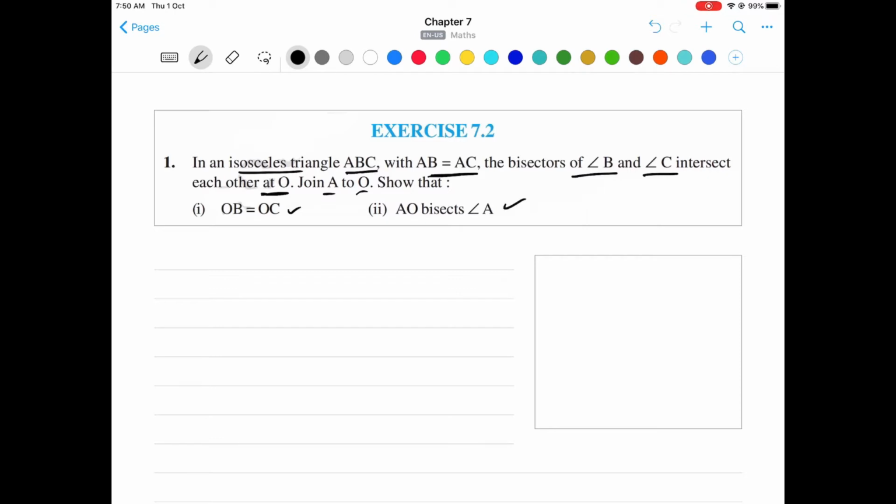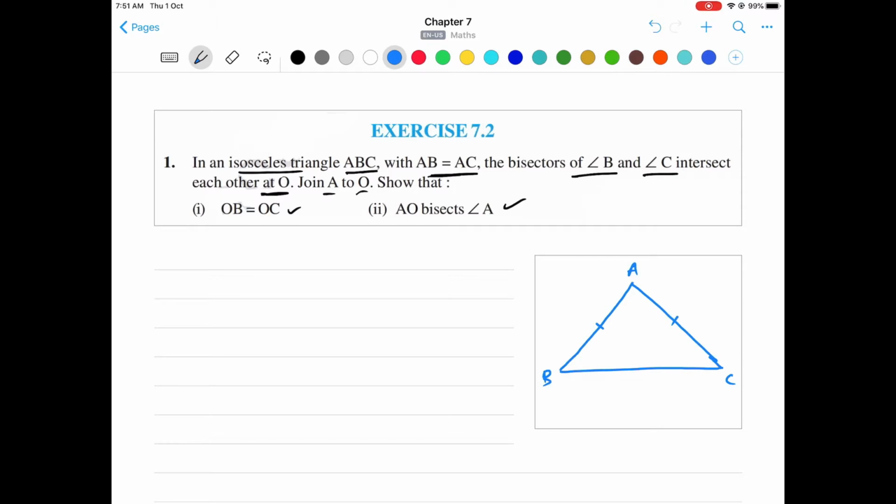So let's first draw its figure. We are given an isosceles triangle, so make a figure of an isosceles triangle, like this. Let's name it A, B and C. We have this isosceles triangle in which AB equals AC.